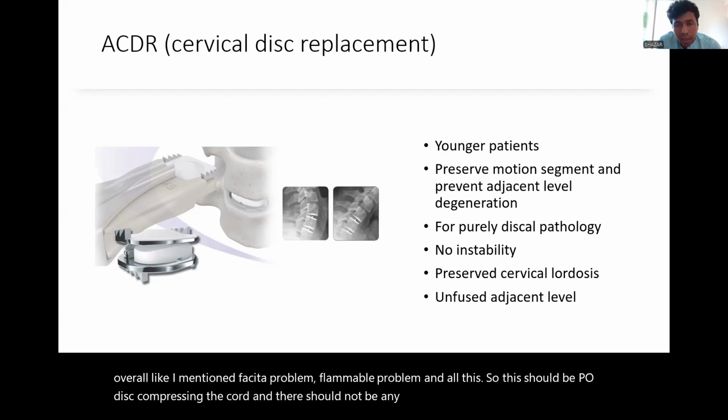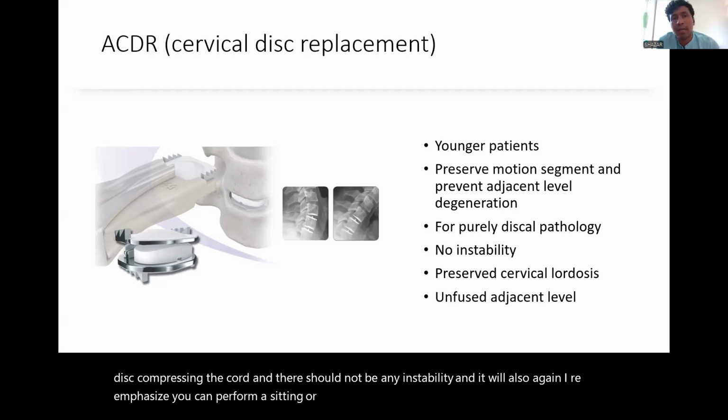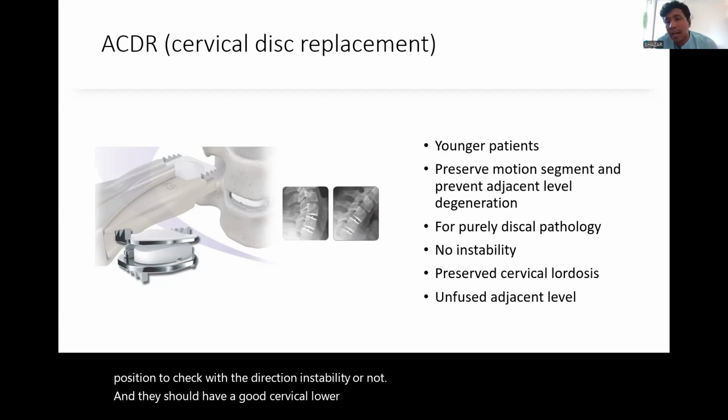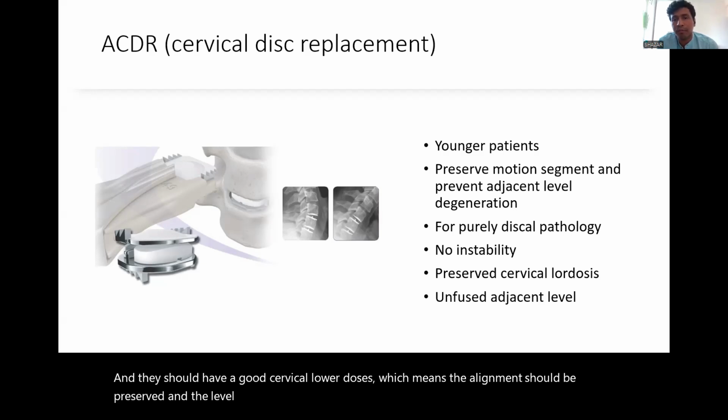And again, I re-emphasize, you can perform a sitting or standing neck X-ray, lateral, in a flexed and extended position to check whether there is instability or not. And they should have a good cervical lordosis, which means the alignment should be preserved. And the levels above and below should not be fused as well.